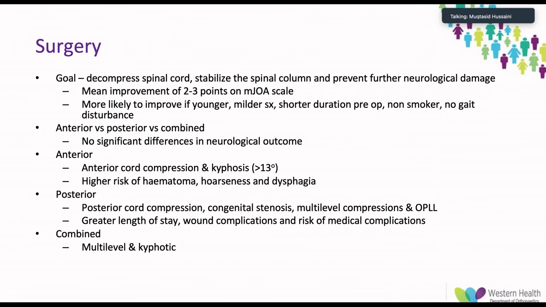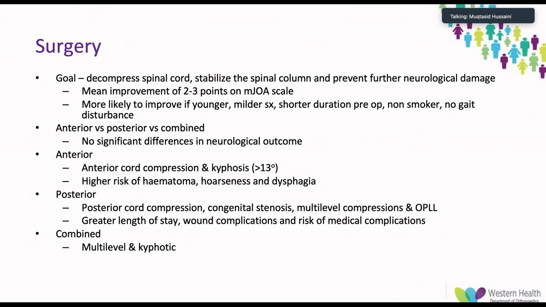So looking a bit more closely at surgery specifically, the goal is to decompress the spinal cord, stabilize the spinal column, and prevent further neurological damage. It is important to note that there have been multiple studies which demonstrate that you can actually get an improvement in neurological function as measured on the Modified Japanese Orthopedic Association scale, with an average improvement of 2 to 3 points after surgery.